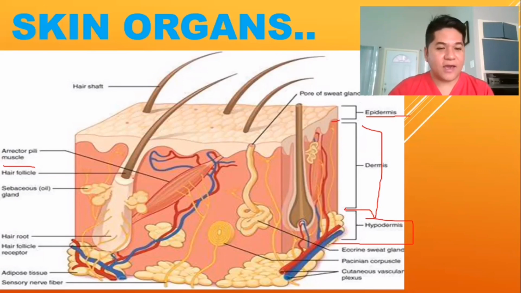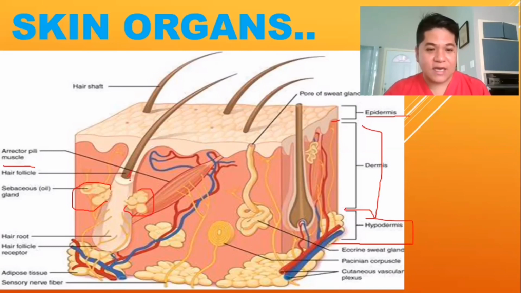We also have the hair follicle here, and in between has the sebaceous gland. The sebaceous gland will produce sebum, or the oil that nourishes the skin and your hair, so as not to make it dry. That is the function of your sebaceous gland. See here the hair follicle receptor, the nerve endings. We also have here the exocrine sweat gland.